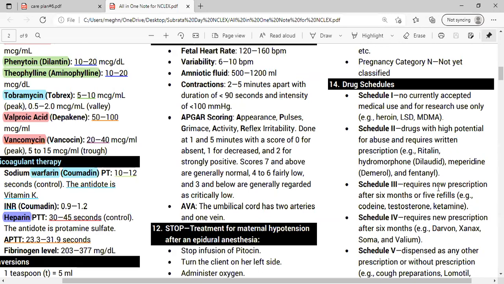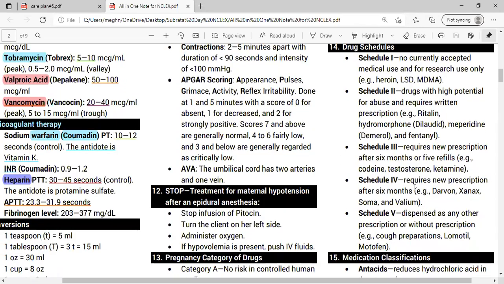Schedule 3 requires a new prescription after 6 months or 5 refills. Example, codeine, testosterone, and ketamine. And schedule 4 requires a new prescription after 6 months, like Soma, Valium. And schedule 5 is dispensed as many other prescriptions or without prescription, like cough suppressants or Lomotil or Motofen.